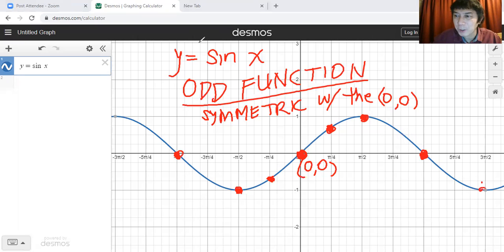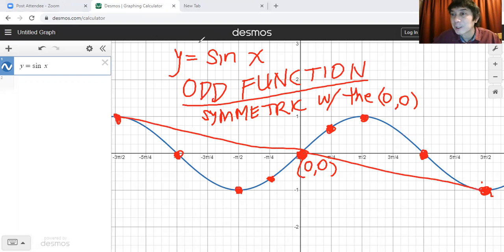And so this point over here has another point over there. This distance is equal to this distance. It's always like that. And this is equal to this, like that. So it's symmetric with the origin. This is the sine function.